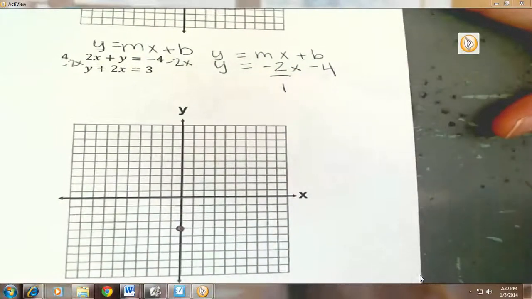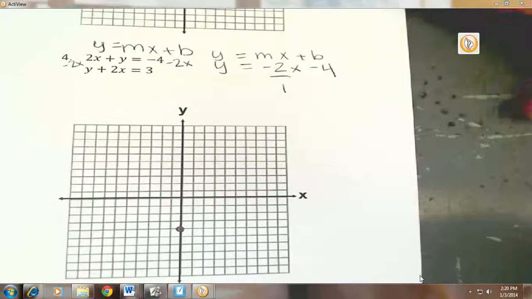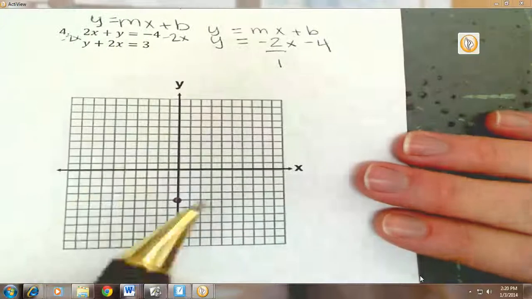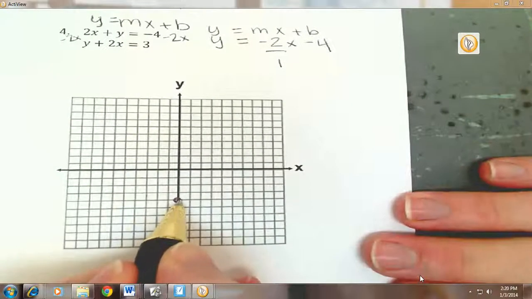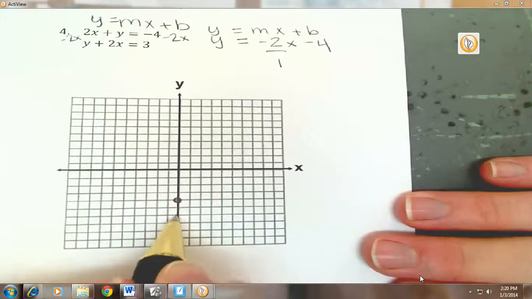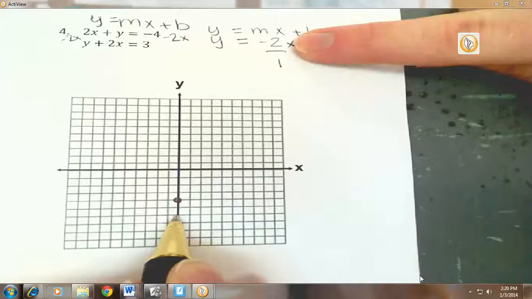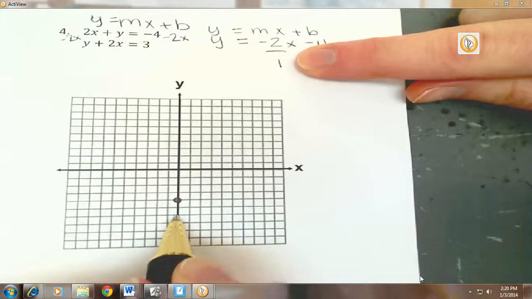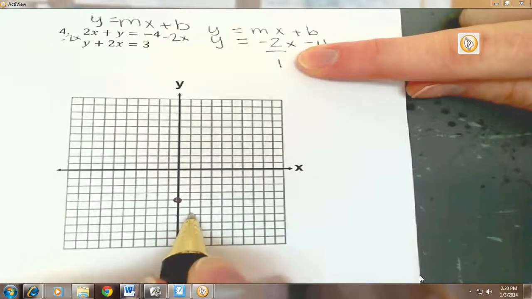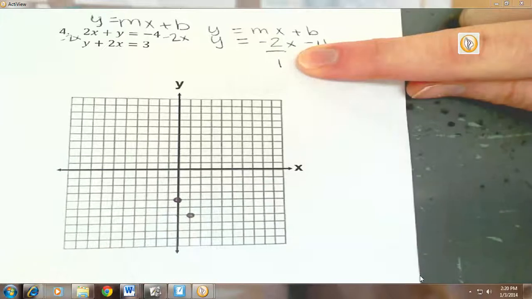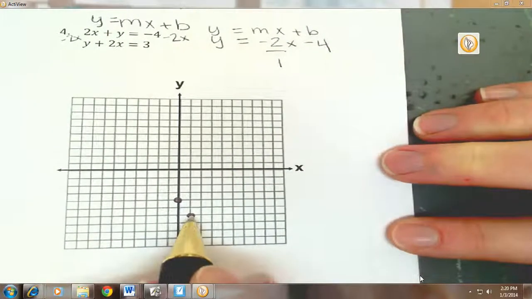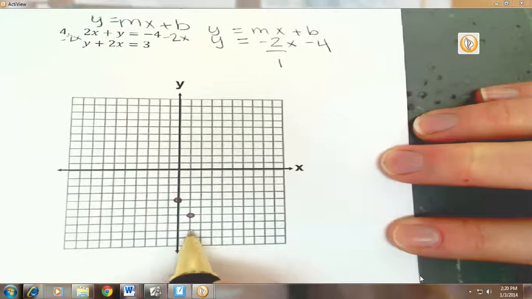In our case, it's negative 2 over positive 1. So from my point, I'm going to go down 2 units because it's a negative 2. The 1 is positive, so I'm going to go over to the right 1 and put a dot. I'm going to continue this pattern of going down 2 and right 1.